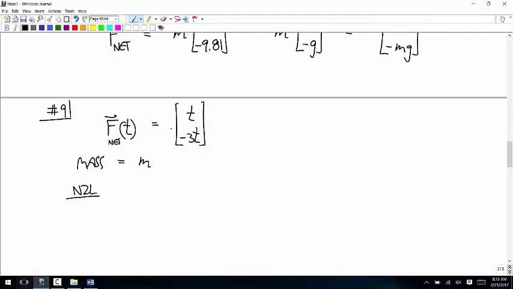So F net is equal to this at any time. So Newton's second law says ⟨t, −3t⟩, that's F net, is equal to the mass times the acceleration. I'll break it up into x and y components as functions of time.